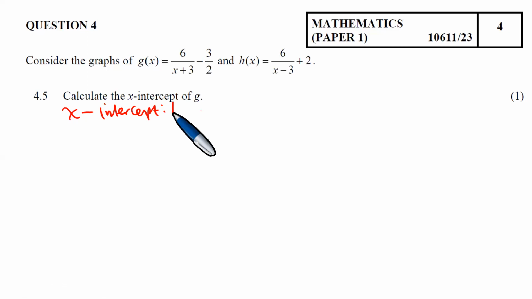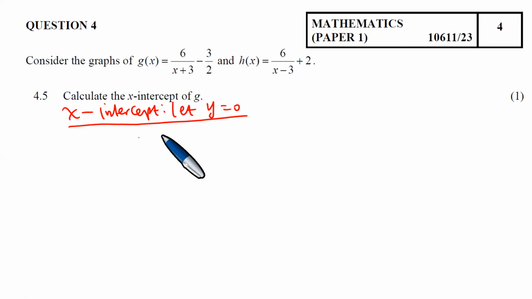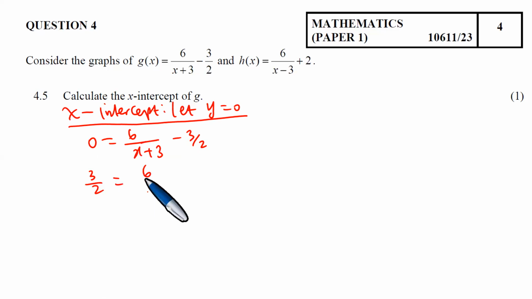You let y be 0. Okay, you have x plus 3 and minus 3 over 2. Remember, I want to find the x-intercept of G. G is this one, this one is H. So we can just move this 3 over 2 to the other side. It is negative now, it's going to become positive: 3 over 2 equals 6 over x plus 3.